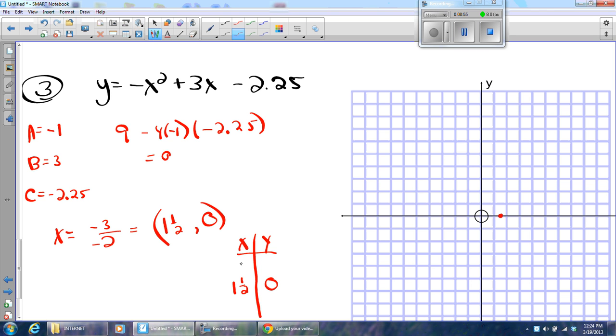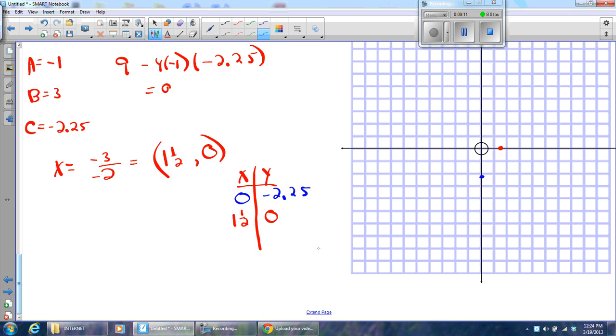Now I'm going to plug my 2 points in for x. I'm going to put 0 in, and that's going to get me out a negative 2.25, right? Negative 2.25. And then I'm going to go 1.5 on the other side, which is 3, and that's going to be at negative 2.25 as well. And so 3, negative 2.25, right about there.